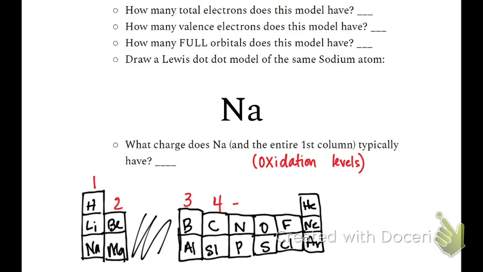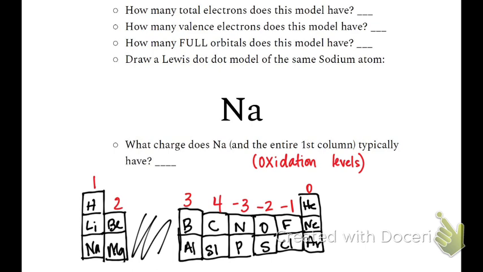So we're going to count down. So those will be -3, -2, -1. And then our last row is what? Yeah, they're not going to give anyway. They're full. Those noble gases in that last column.